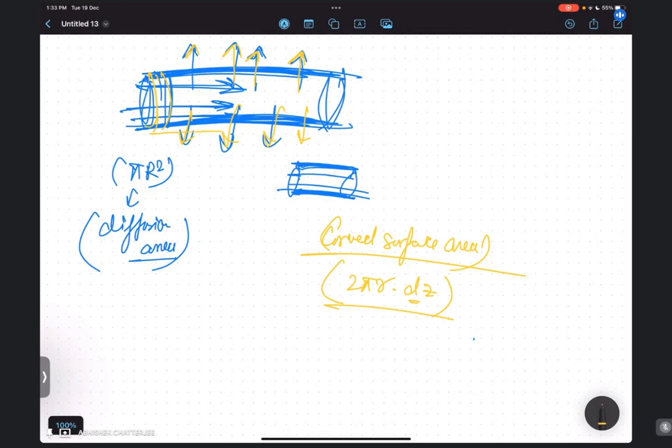Because this z is constantly changing. Or you can understand it this way: we have considered this strip with a thickness of dz. So the length of this strip is dz, and the curved surface area of this small strip will be 2 pi r into dz, because the radius is the same. The radius is your capital R only.